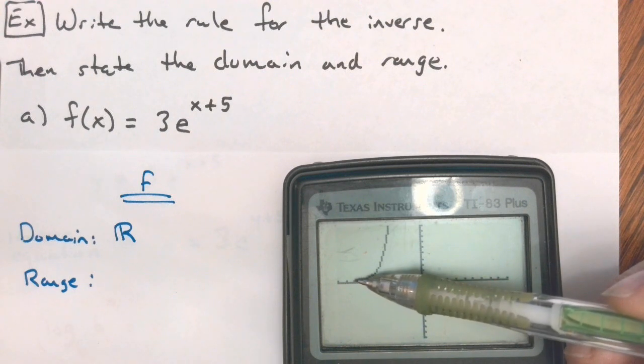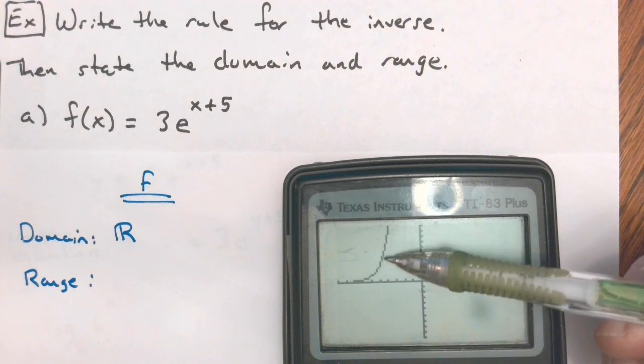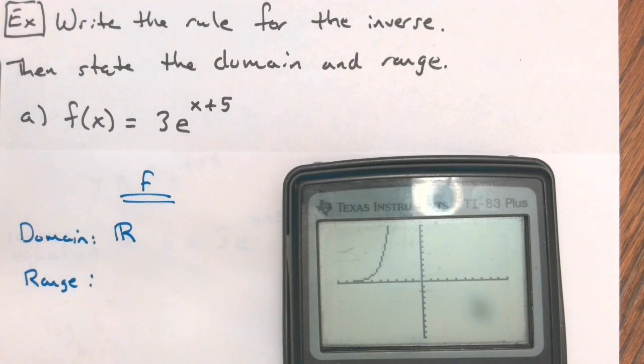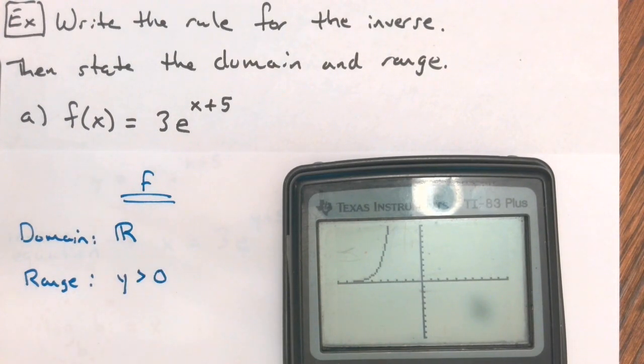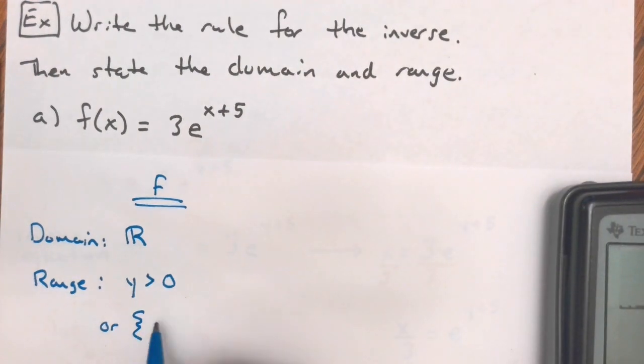If it hit the x-axis, it would have a height of 0, but it's just going to keep getting closer and closer and closer. So our values for our range are all of our y values that are greater than 0. If you wanted to put that into set builder notation, we would do y with a vertical line, then do our inequality, and then close that off.